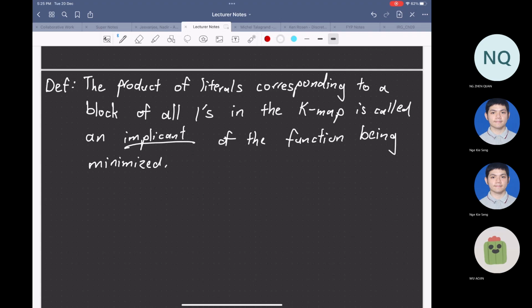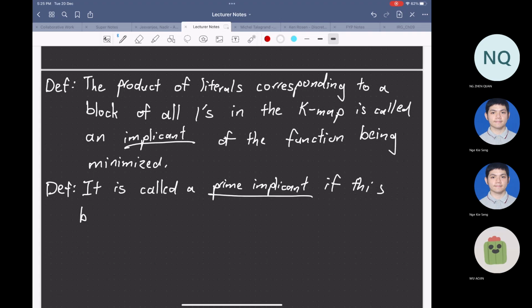Next one is what we call the prime implicant. Okay. So it is called a prime implicant if this block of 1 is not contained in a larger block of 1.